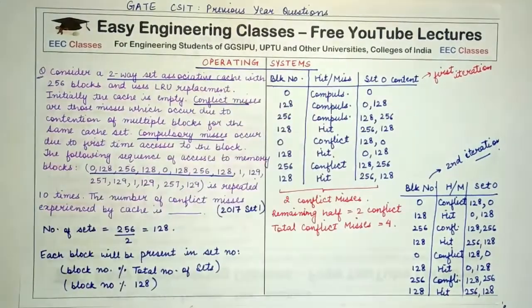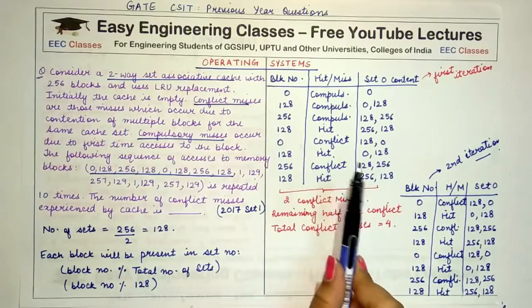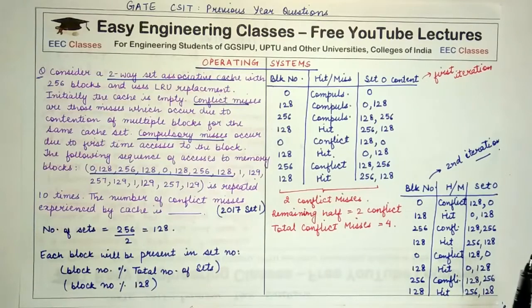So we can say that this iteration would be repeated in the remaining 8 iterations as well, because after we have done the first iteration, we would not see any compulsory misses, and after all the compulsory misses have been seen, this would be the pattern followed.